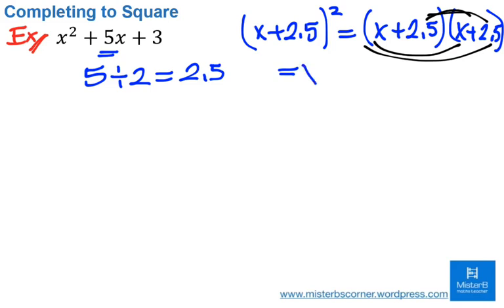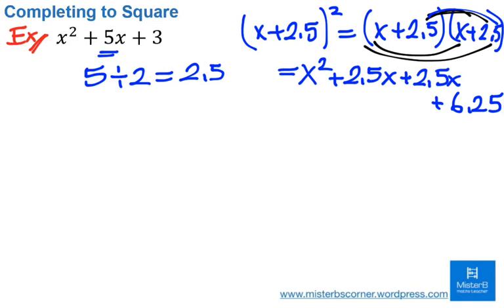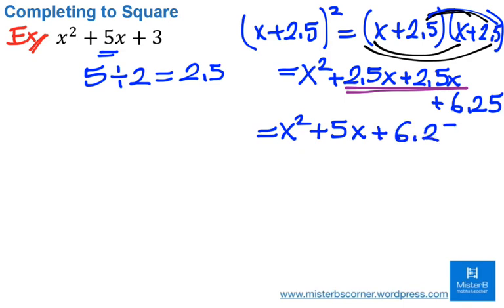So it's going to be x squared plus 2.5x plus 2.5x plus, well, 2.5 times 2.5 is 6.25. And you can see that these two like terms will simplify to x squared plus 5x plus 6.25.